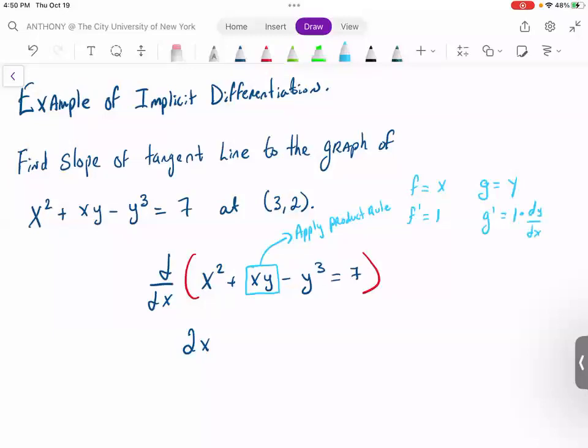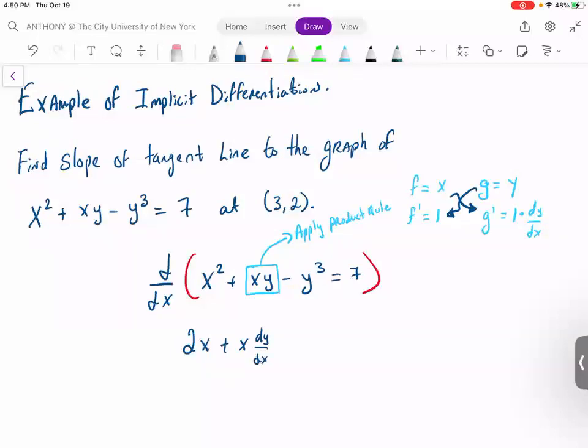I prefer to use dy/dx rather than y prime because sometimes for beginners, y prime could look like y to the first power and you can get it confused and totally botch the problem. All right, so our g prime is simply dy/dx.